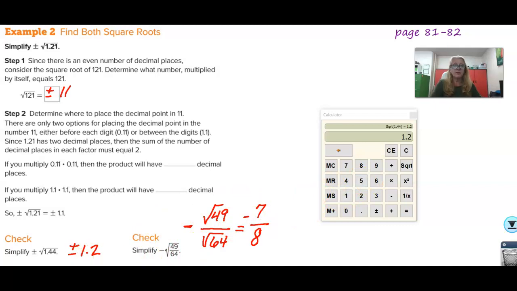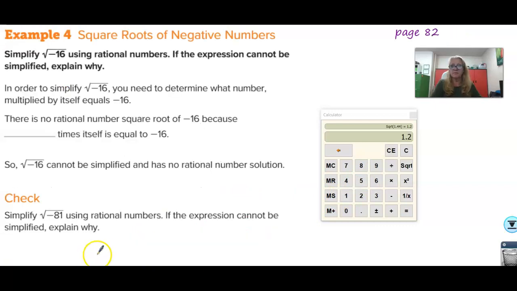Well, we haven't gotten to the fun part yet. The fun part's coming. Now, here is a math no-no. This is kind of like the square root version of dividing by 0. This says, find the square root of negative 16. But we're looking for a number that when multiplied with itself gives us negative 16. We can't answer this question because there is no number times itself that's going to equal negative 16.